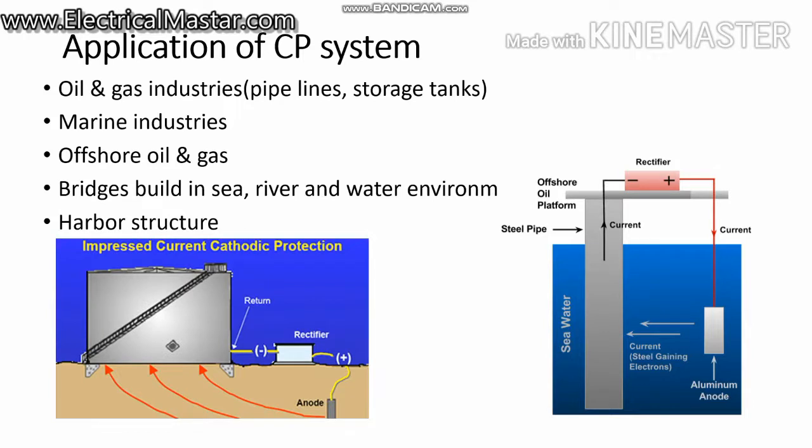It is a very good job opportunity in the market. So guys, just try cathodic protection. If you are working as an electrical technician or electrical foreman, you can focus on the CP system, because the job opportunities here will be more.